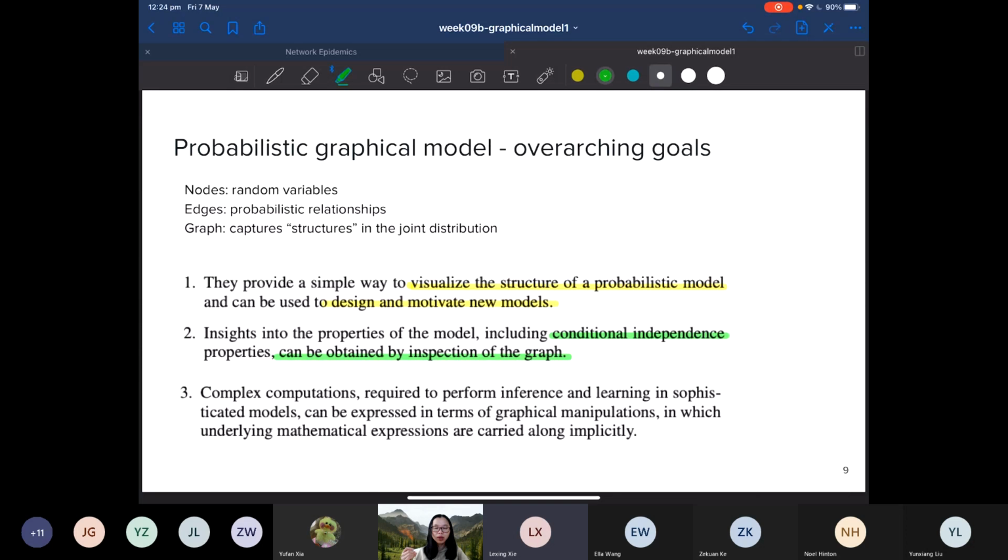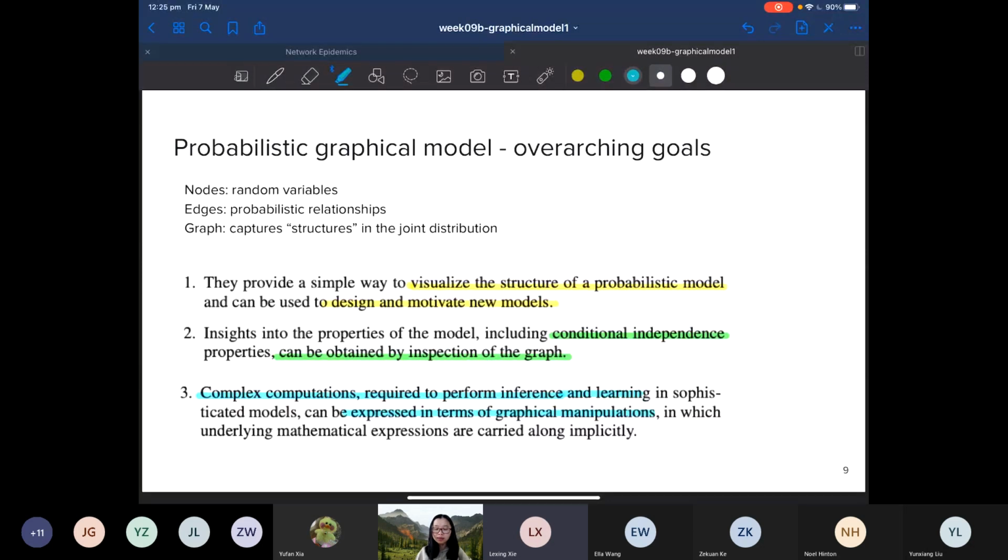So next Friday, we're going to see that complex computations required to perform inference, assuming that the graphical model is non-trivial, and learning in sophisticated models can be expressed in terms of graphical manipulations.